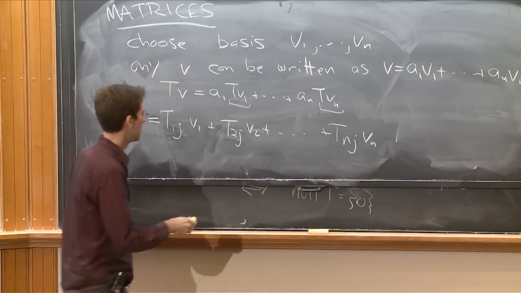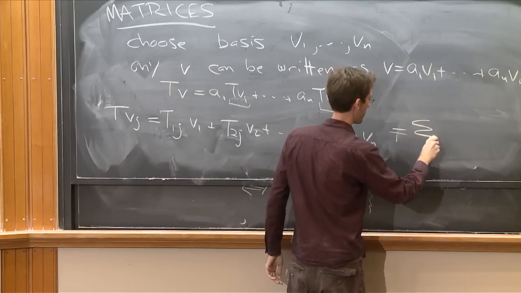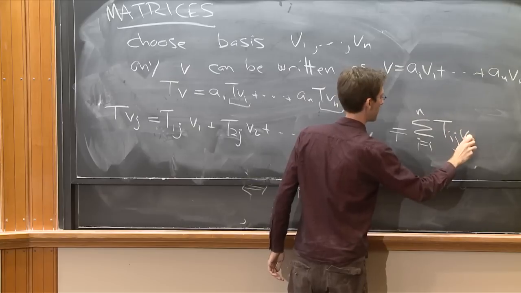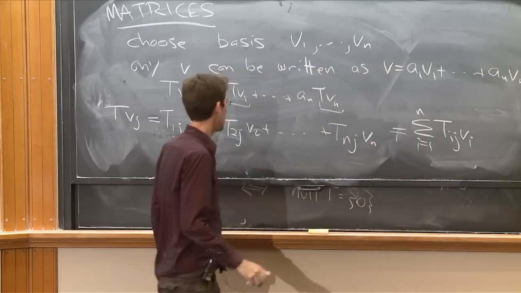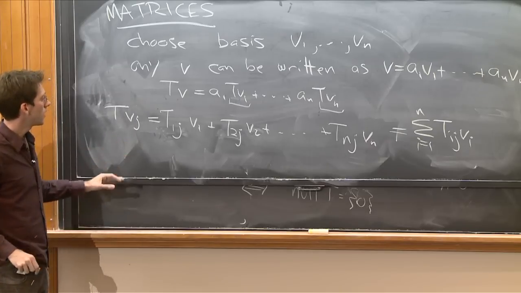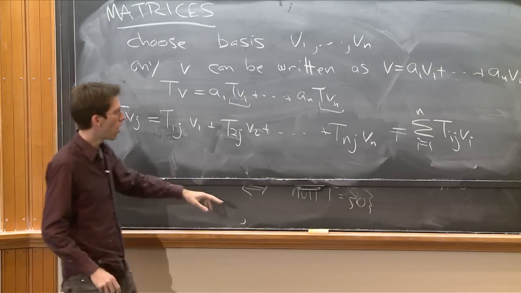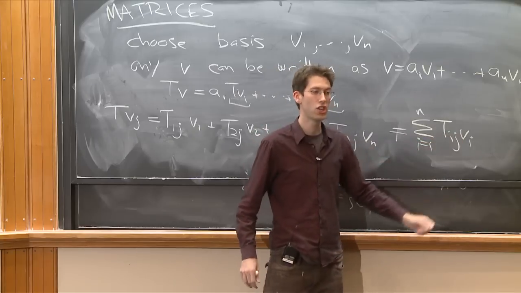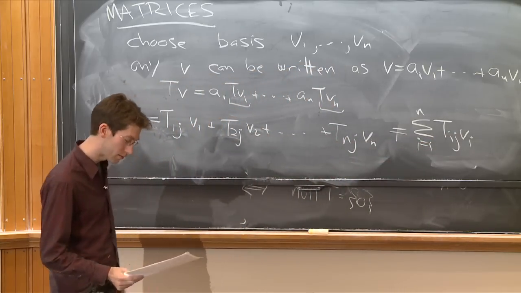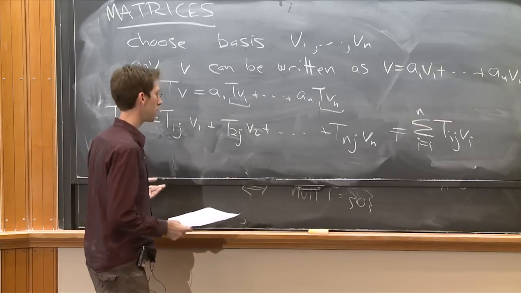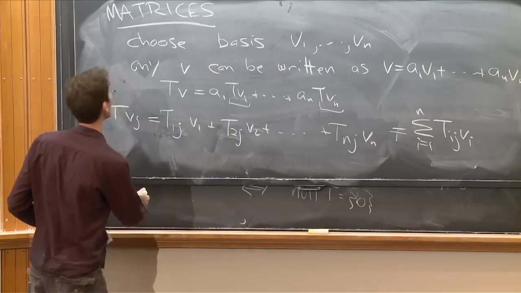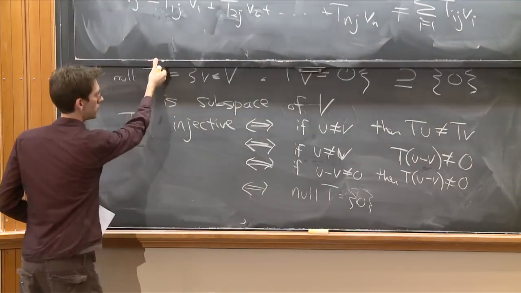And this whole thing I can write more succinctly in this way. And now all I need are these T sub ij, and that can completely determine for me the action of T. Because this Tv here, I'll use another board.